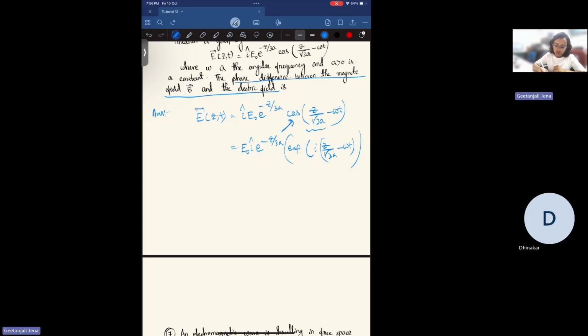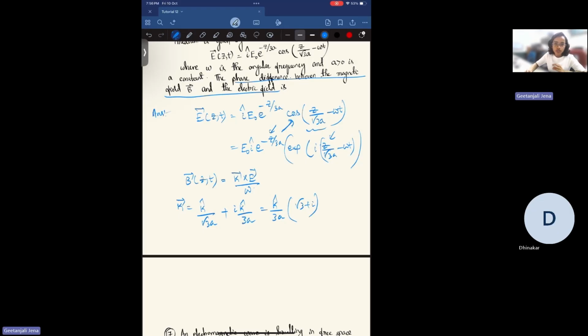We have E, we can calculate B: B is k cross E by omega. K is easy to find out. There is a real part and an imaginary part here. So that means k is k by root 3 plus i k by 3, so k by 3 times root 3 plus i.